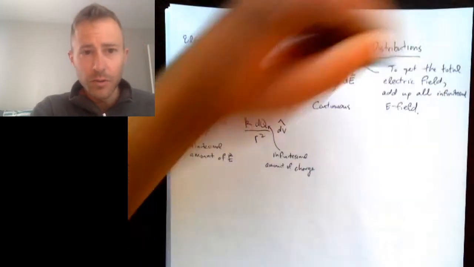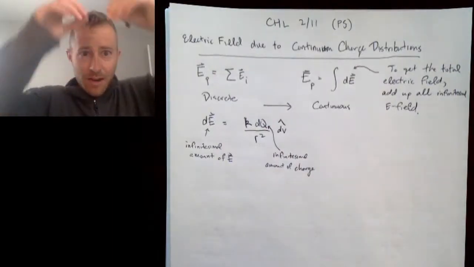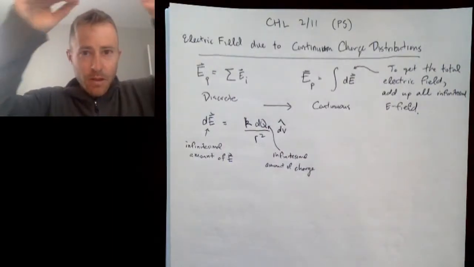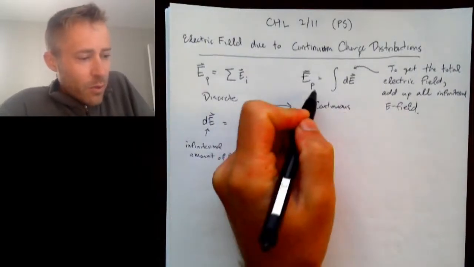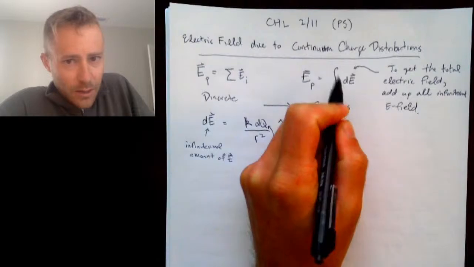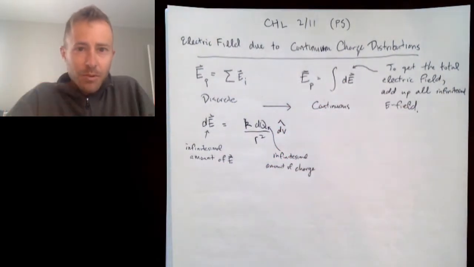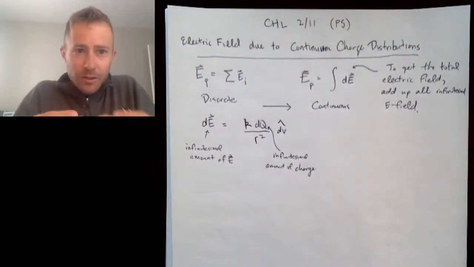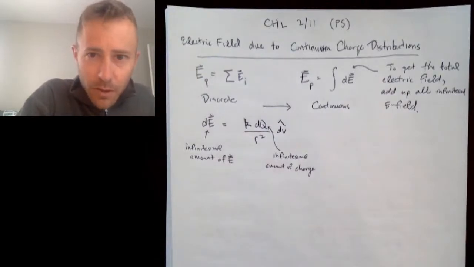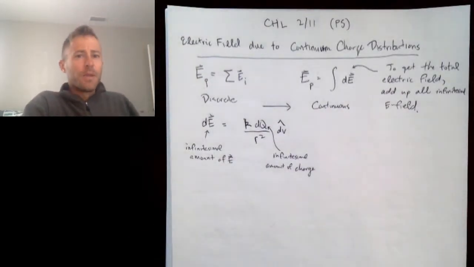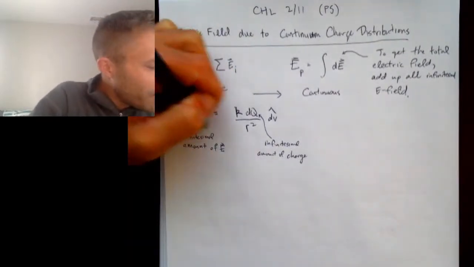Just like if we're going to build a human, we build a human out of all the atoms. You're taking the total amount of electric field and thinking about it as being made up of all these little itty-bitty electric fields that are created by little itty-bitty amounts of charge. So this is how that works.